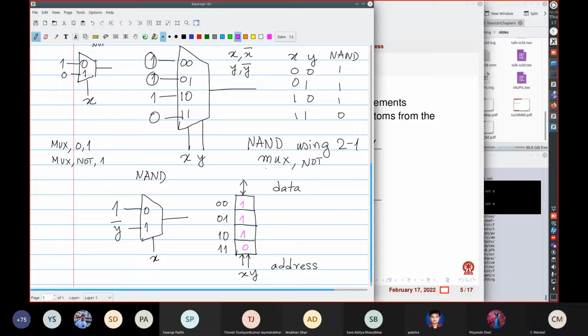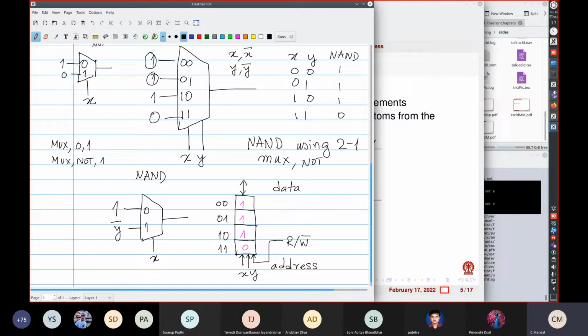If you want to program it, it also has a read-write port. Read-write simply controls whether you are going to read from the memory or write to the memory. If read-write is 1, then you are going to read from the memory. If it is 0, you write to the memory.